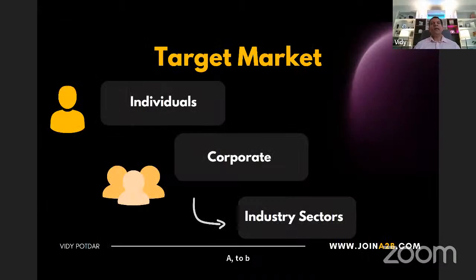So with A2B, we are targeting two types of customers: an individual customer and a corporate customer. So what do I mean by an individual customer?